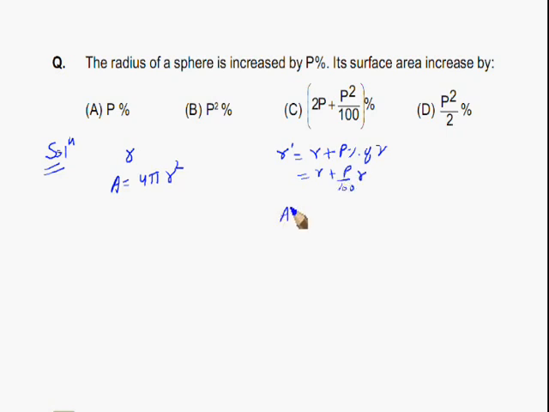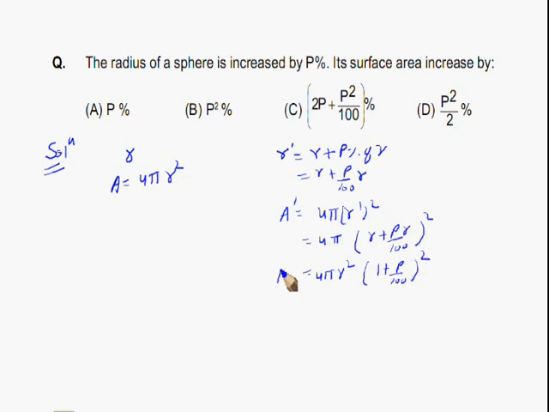Now the new area, that is A dash, is equal to 4 pi r dash square, that is 4 pi r plus pr by 100 the whole square. Now taking r common, we get 4 pi r square into 1 plus p by 100 the whole square. So A dash can be written as A into 1 plus p by 100 the whole square.